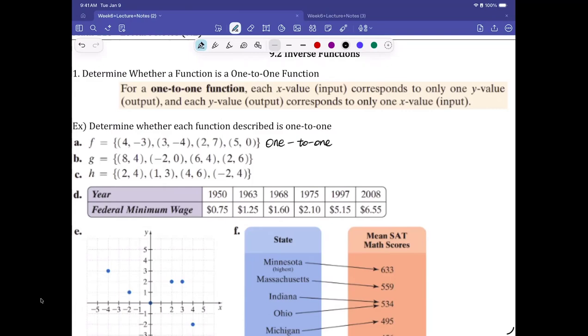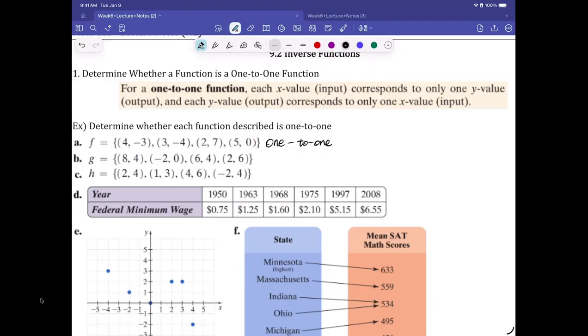Each x has only one y value, and each y value has only one x value, right? What about the g function then? If I say y, then 8 goes with 4, right? Can you see that?